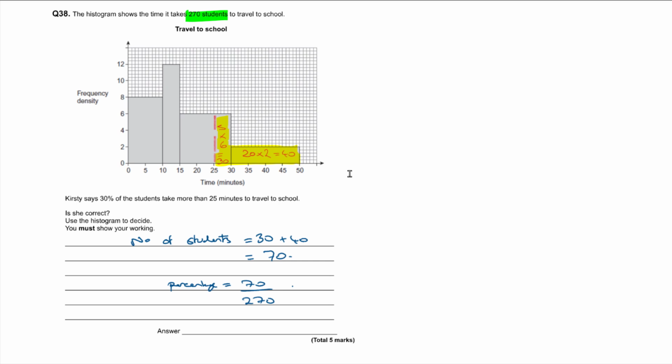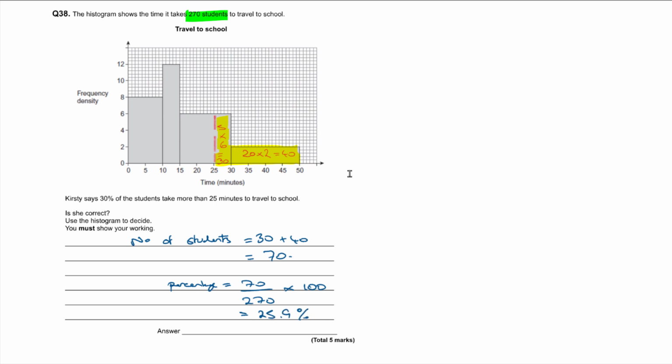You should express it as a fraction first, and then you times it by 100, and then you're going to get it as a percentage then, aren't you? So 70 divided by 270 times 100, that gives you 25.925 recurring. I'm just going to round it off to 25.9%, let's say.